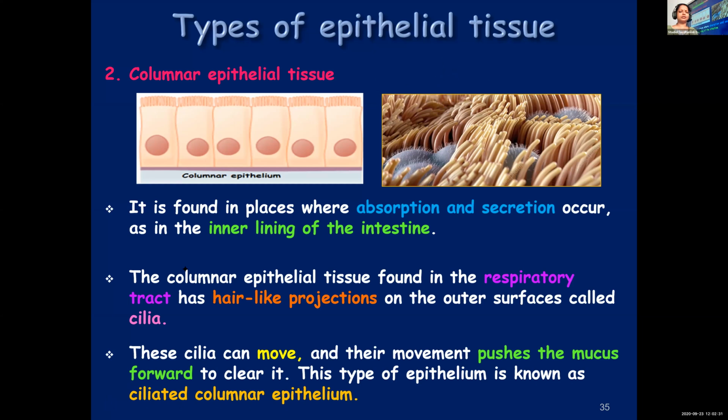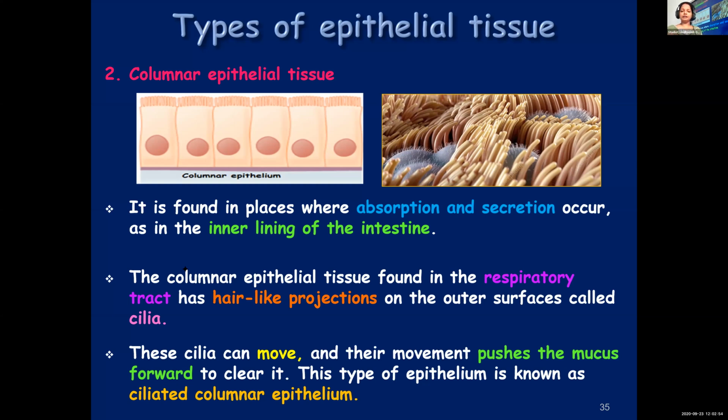You know the sticky secretion mucus. And if it is present, it can block your respiratory tract. But these cilia will beat, they will move and enable the mucus to be pushed forward. Okay, and they will clear your respiratory tract.